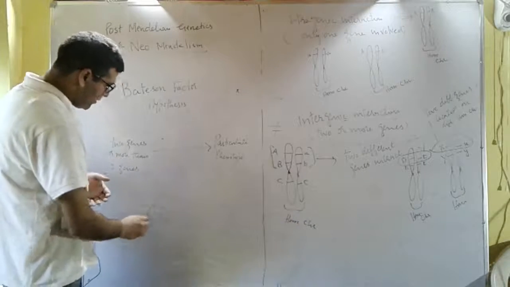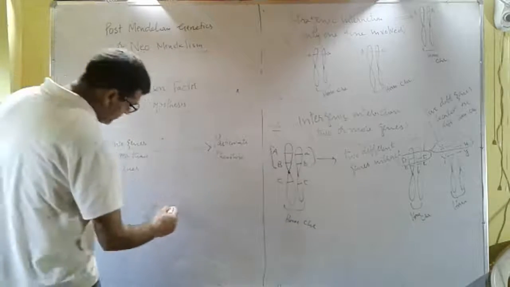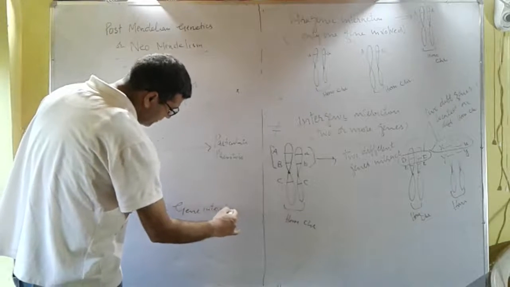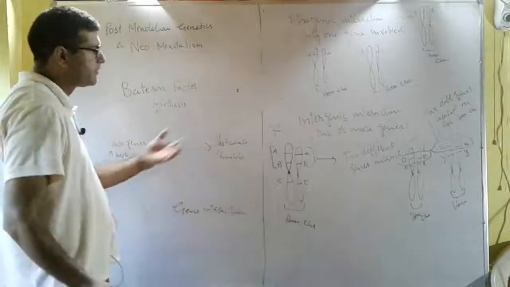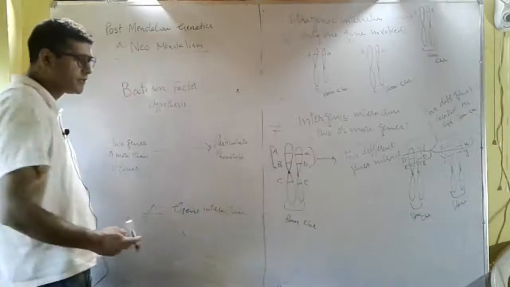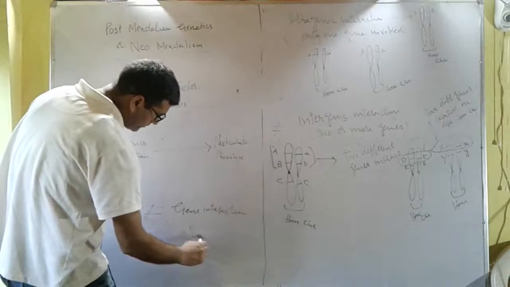This gene interaction, interaction between the genes, intergenic interaction, is an exception to the law of unit character.